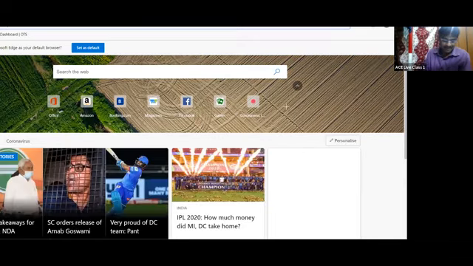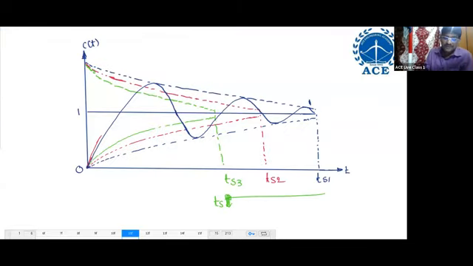One minute. Visible, right? Right. So next. Peak time should be the same. Not only the first peak, all the peaks should be the same.